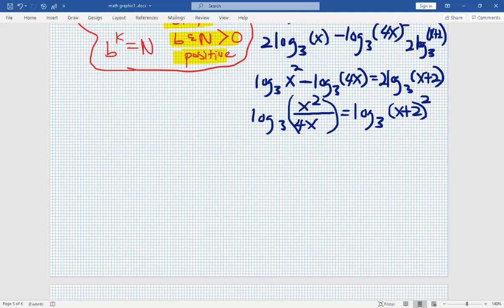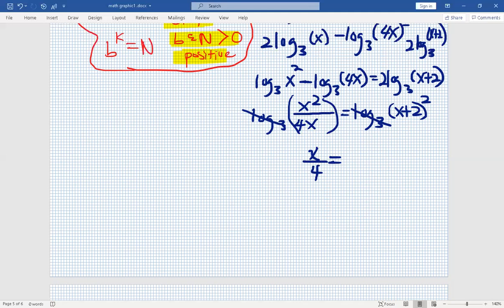Now it gets interesting because we can cancel this out, and this also cancels out, so we get x over 4 is equal to this right there.